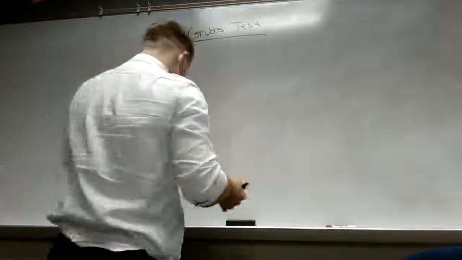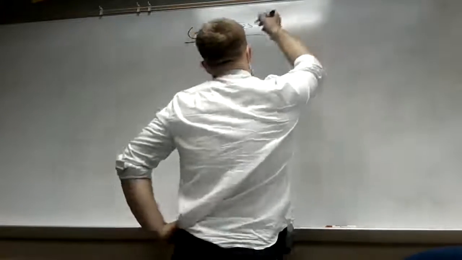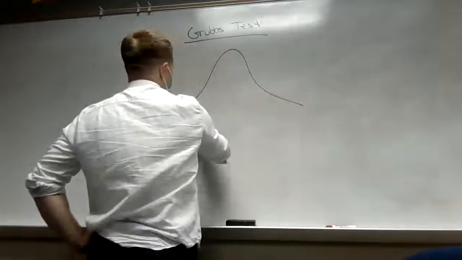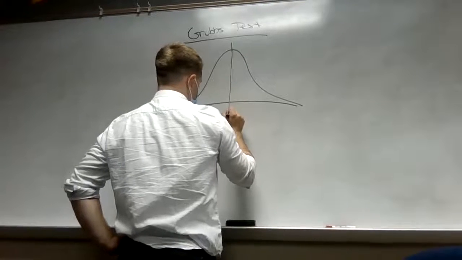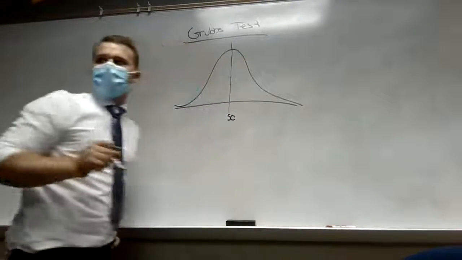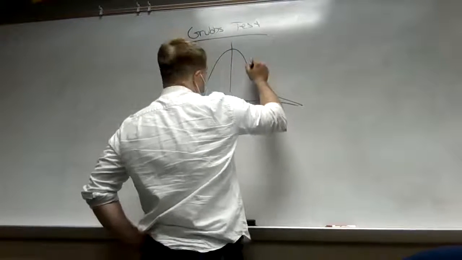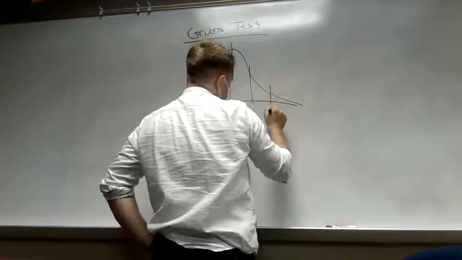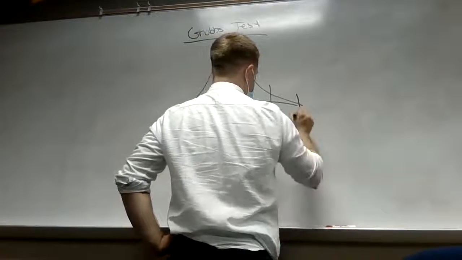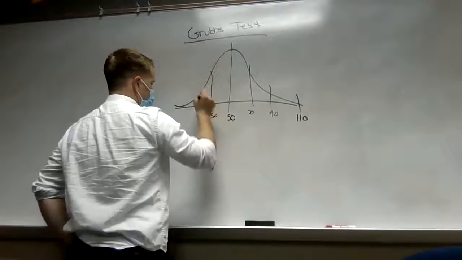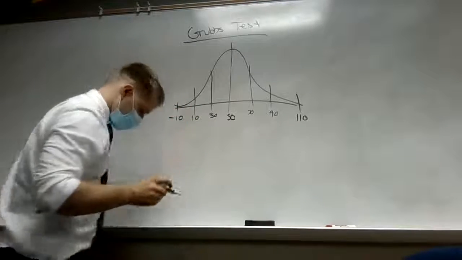Right? So if you have, let's say, some distribution, and you have a mean that falls at 50. Perfect. Your mean falls at 50, and you take a bunch of measurements, you get a nice curve, and you end up with 70, 90, and 120, and you get the same thing on this side, so you get 30, 10, and for the sake of negative measurement.